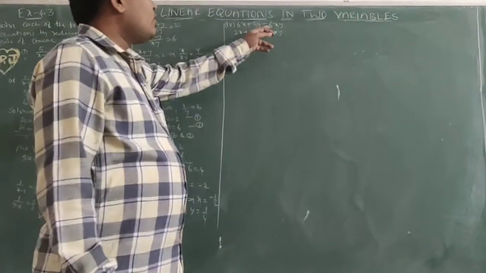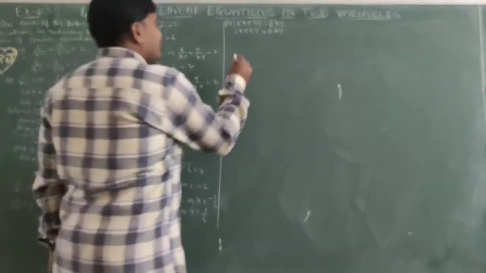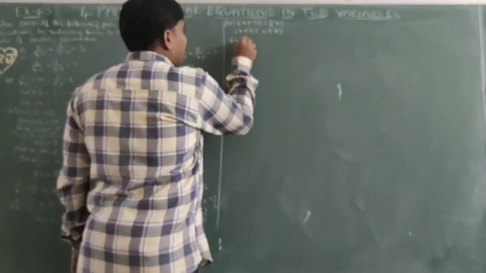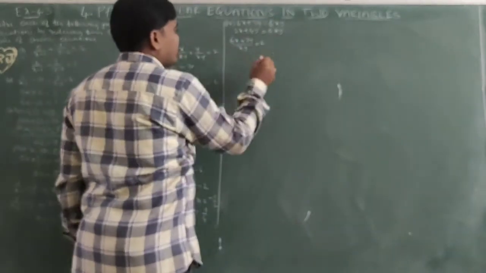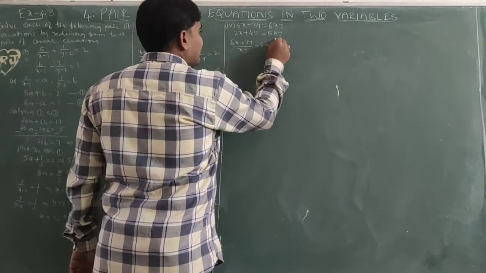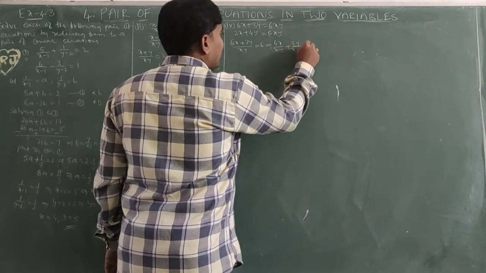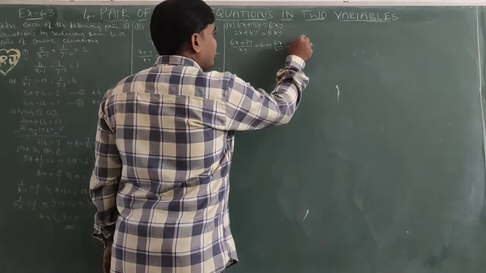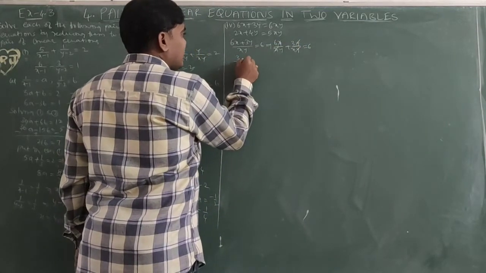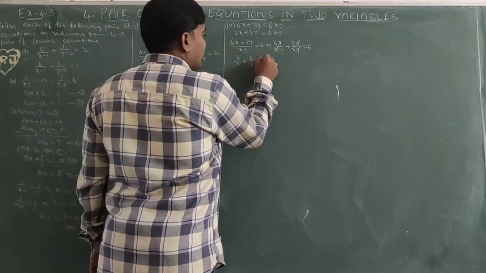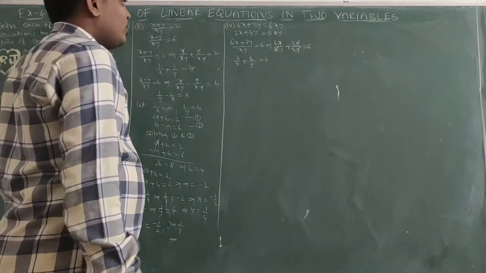Okay, so in both equations I want to divide by xy. It will be converted like this: (6x plus 3y) by xy equal to 6, which implies 6x by xy plus 3y by xy equal to 6. Here y cancels, here x cancels. First, 3 by x plus 6 by y equal to 6.